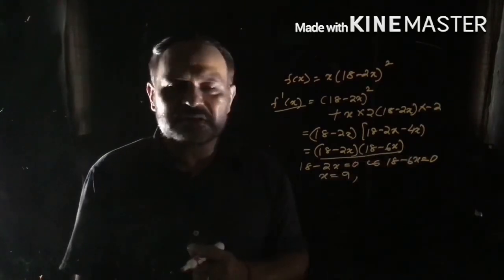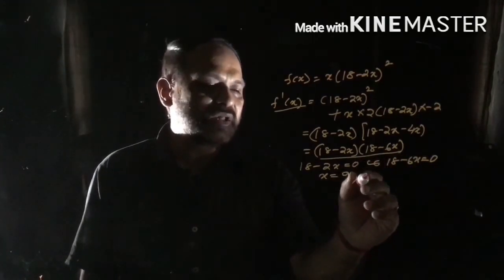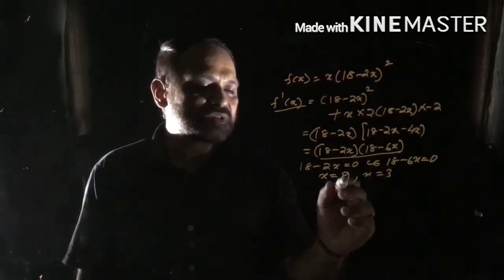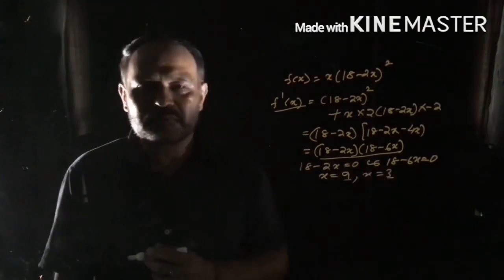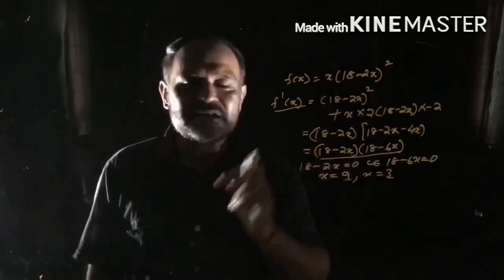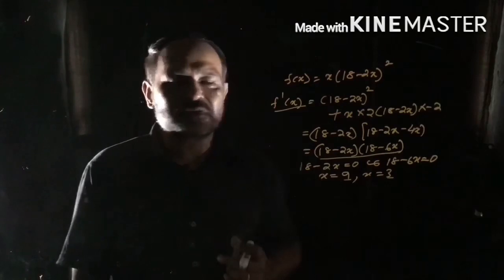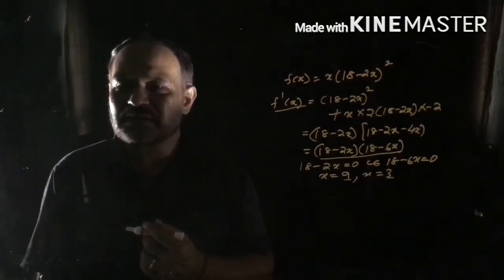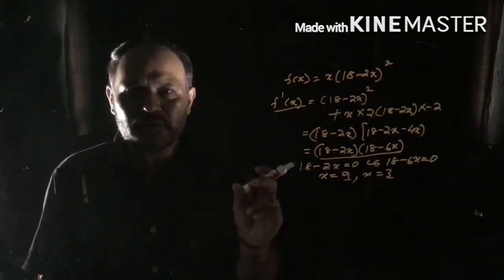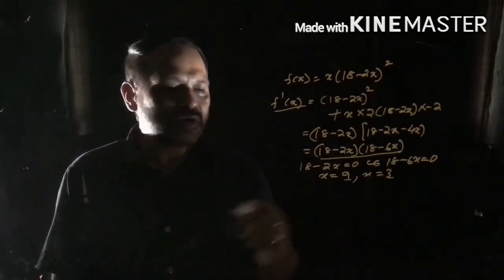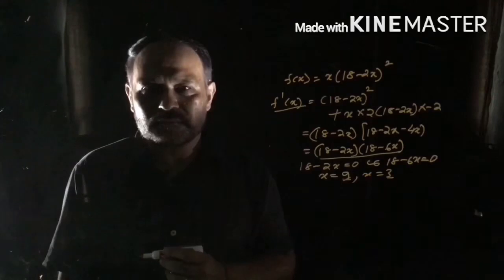If 18 minus 6x is equal to 0, then x is equal to 3. There are two extremum points, 9 and 3. See here, 9 is not possible because the length of the square piece is 18 cm. If we cut 9, then there is no length left. So this point is impossible.